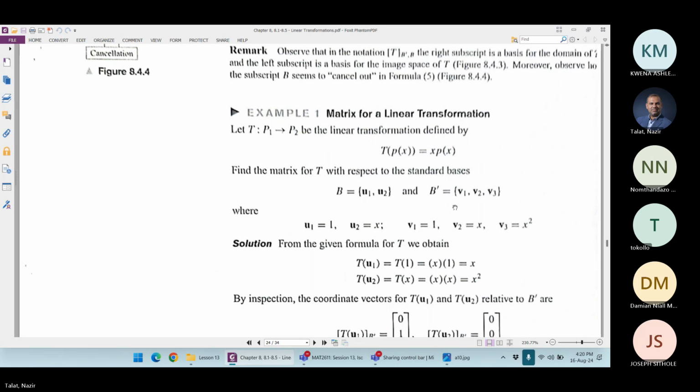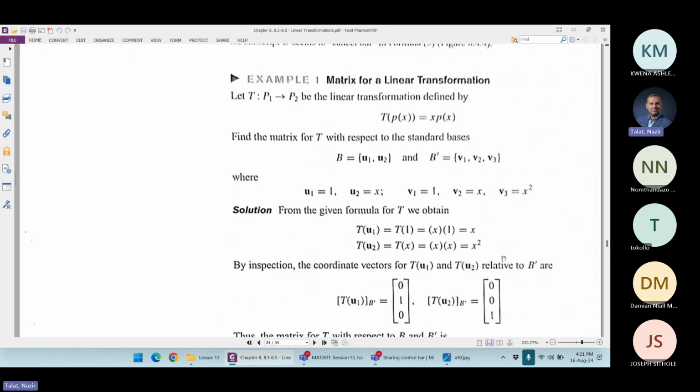So what we need to do is just put the values of u1 and u2, because these are the bases, into the linear transformation T. Then we obtain T(u1) equal to x and T(u2) equal to x square. These are just the outputs of that mapping.